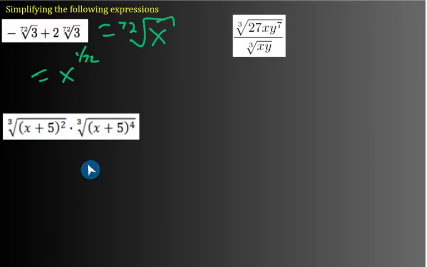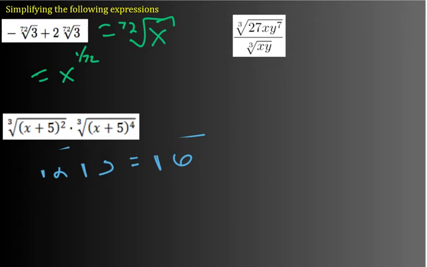So for this one, in order to simplify this, you can see I've got the same base in here. We have the same root, right? So we know that if we have something like square root of 2 times square root of 3, we can combine it into one square root and just multiply and get 6, right?